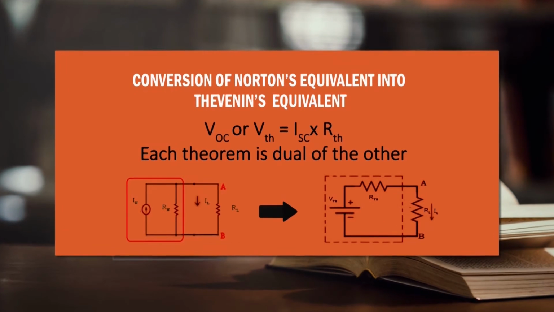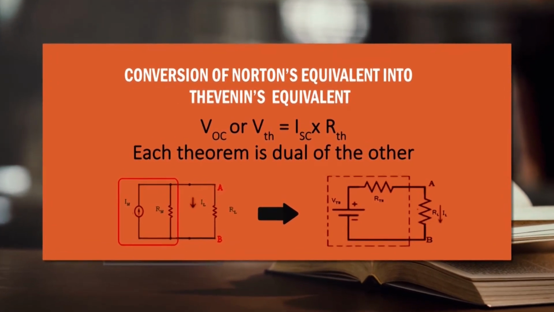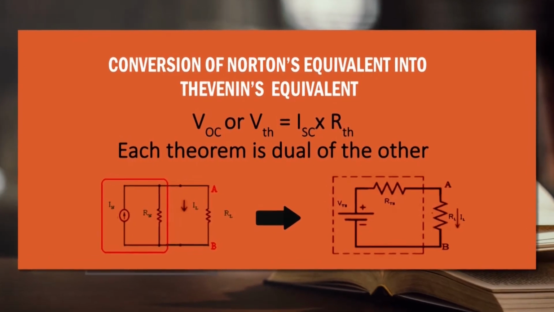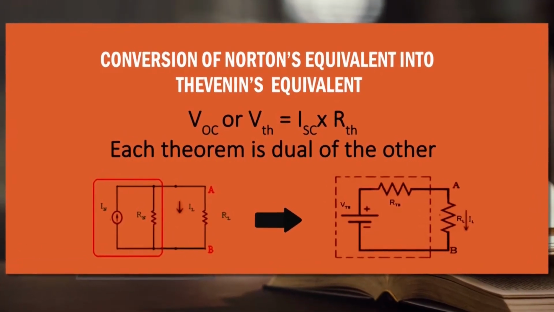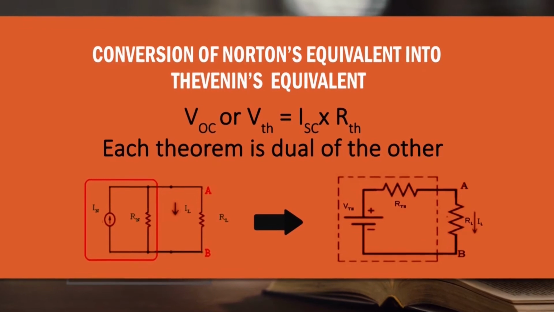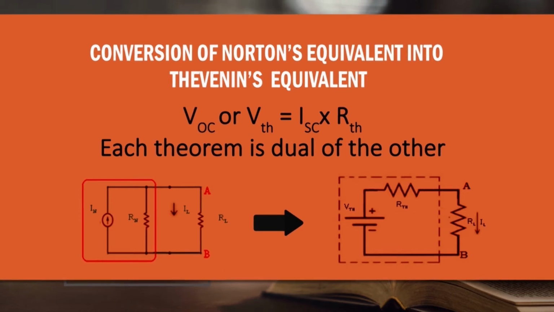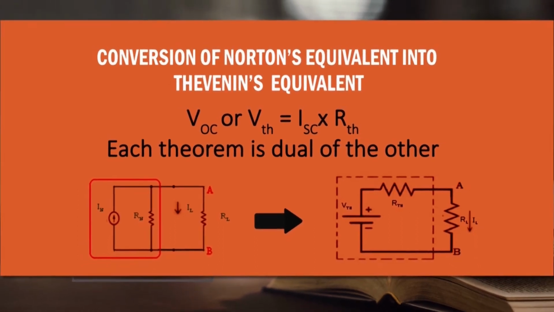So here you can see this Norton current is just like a current source and the Thevenin equivalent is just like a voltage source. In the Norton equivalent there is a Norton current, and the two resistances RN and RL are connected in parallel with the Norton current. Now you are converting this Norton equivalent into Thevenin equivalent, where VTH can be calculated as IN multiplied by RN.